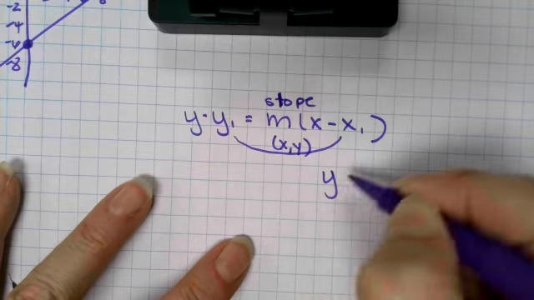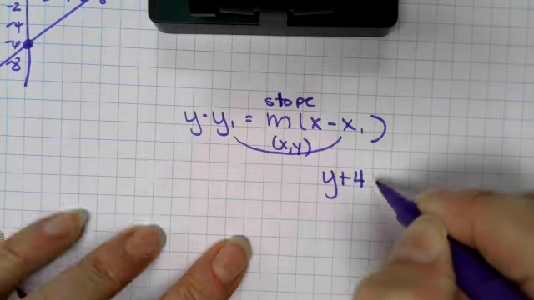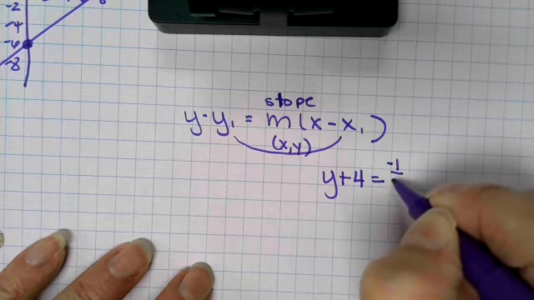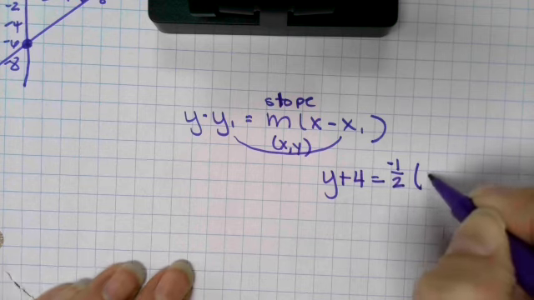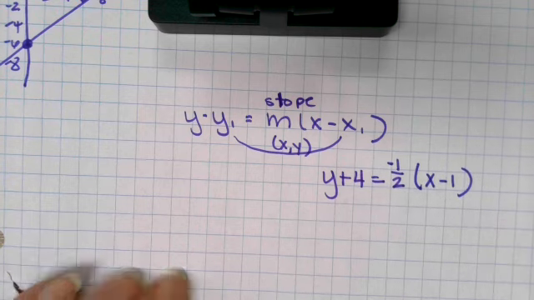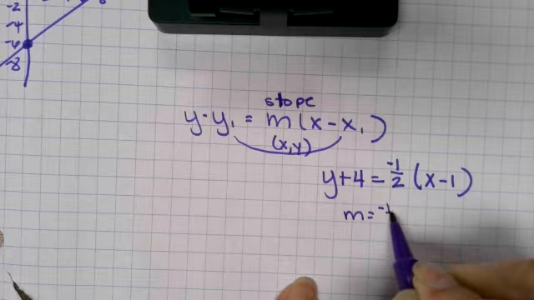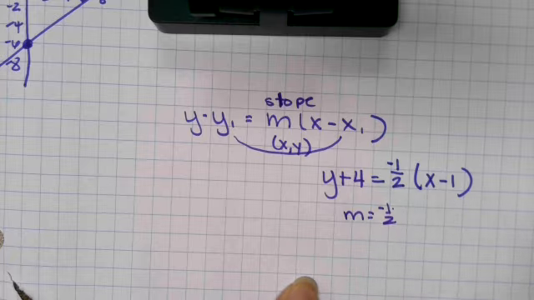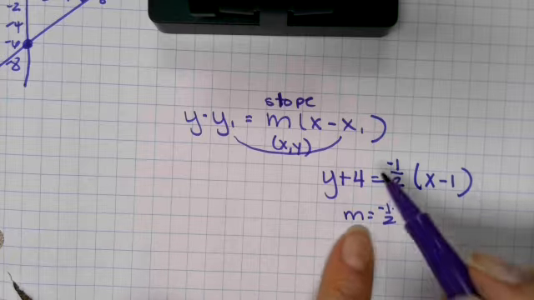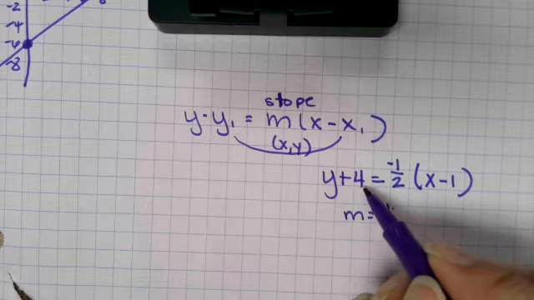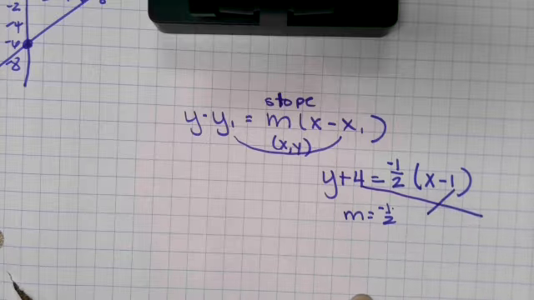So if I had y plus 4 equals -1 over 2 times x minus 1. I know that my slope is -1/2. So it's going down 1 over 2. And my point, if you remember, I taught my students to do this crisscross.